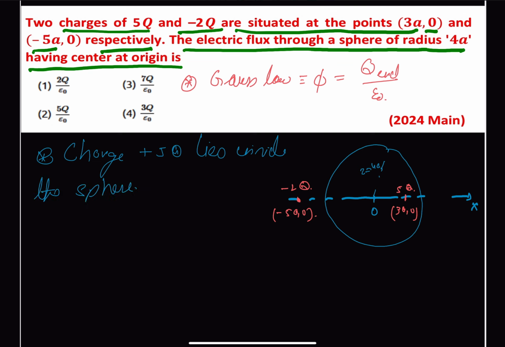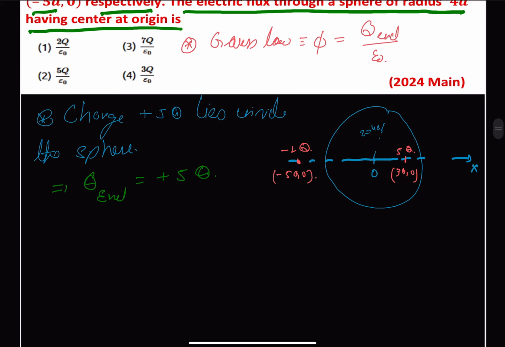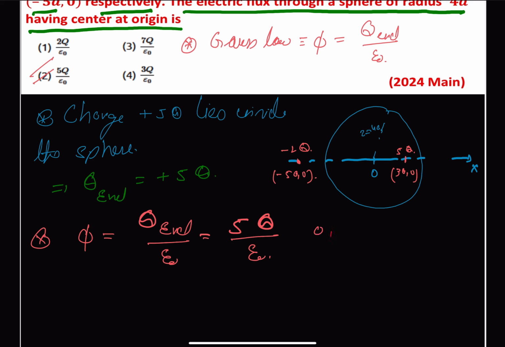Therefore, the charge enclosed will be equal to plus 5q, and the flux will be equal to our charge enclosed divided by epsilon naught, which gives us 5q divided by epsilon naught. Okay, so option number 2 is the correct one.